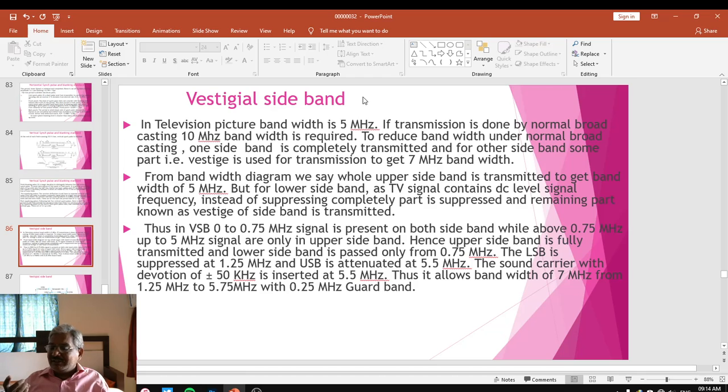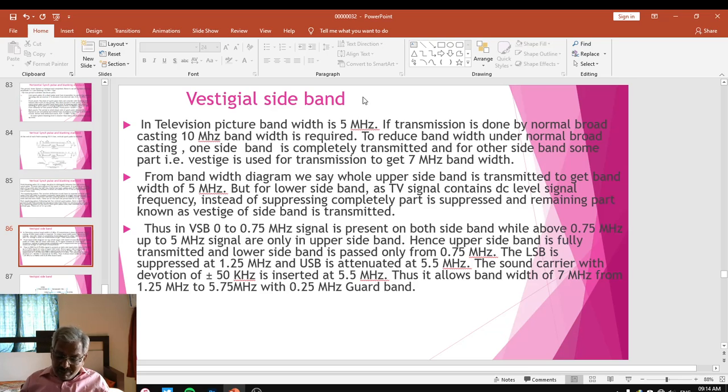And to get the DC level picture frequencies, some part of the lower sideband is considered. That part of the lower sideband we can call a vestige of the band, and that's why the name is vestigial sideband, abbreviated as VSB.